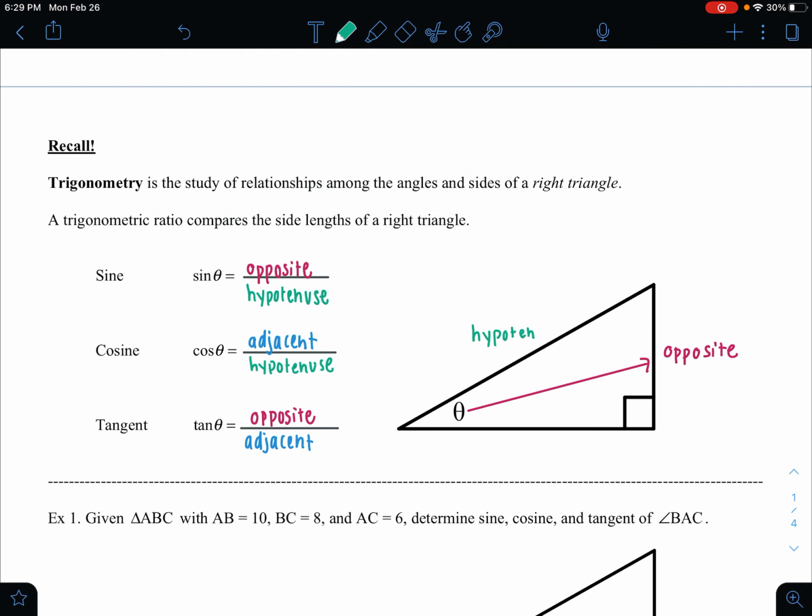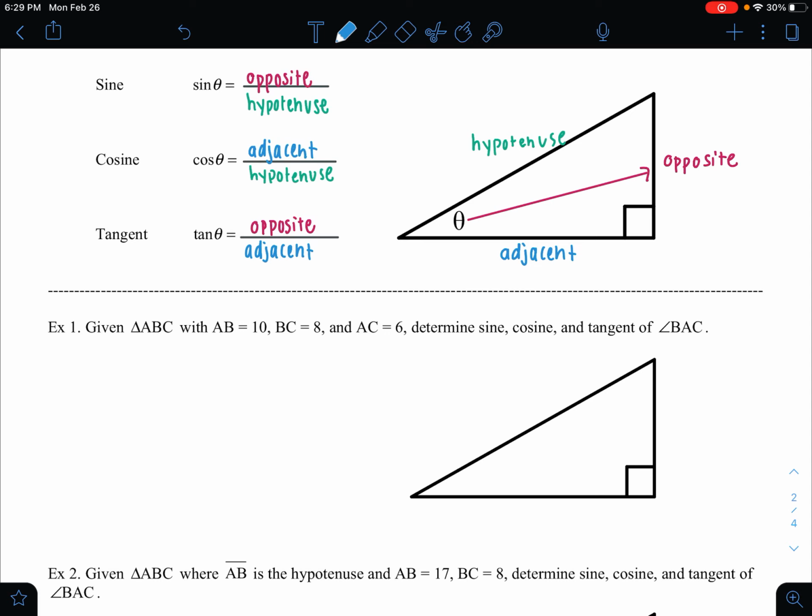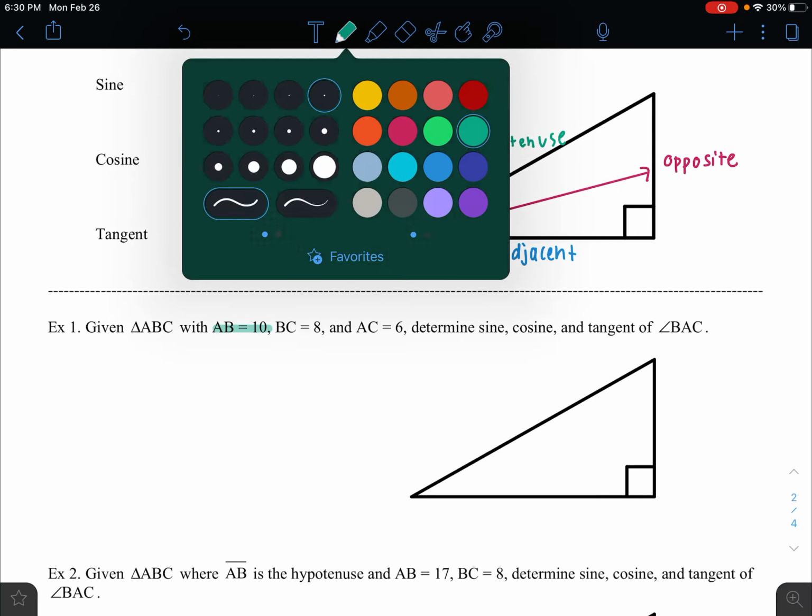is here. So if we're given triangle ABC and we're given each side length, I want you to say the sine, cosine, and tangent based on the angle BAC. So I want you to look through what's your longest side. My longest side has to be my hypotenuse.